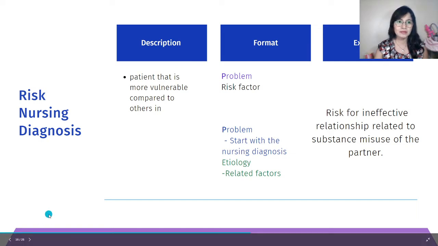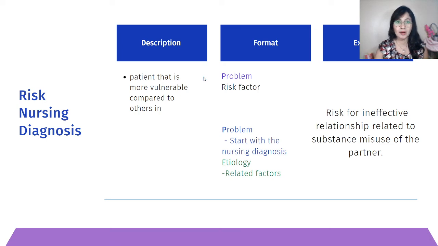Alright, so let's check on the other type of nursing diagnosis. We have here the risk nursing diagnosis. As described, the patient is more vulnerable compared to others. So, again, when you say risk, the problem is not there yet.